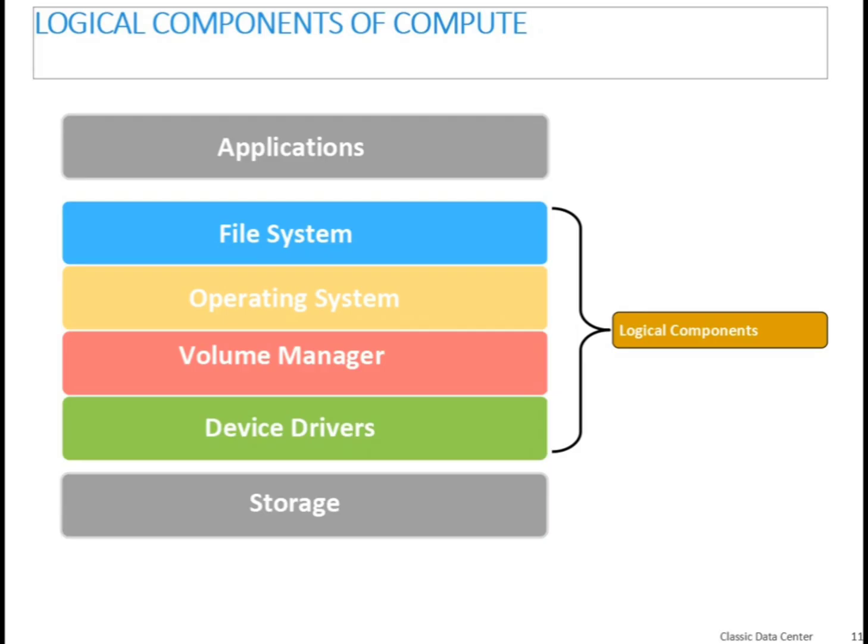Operating system. An operating system controls all aspects of the computing environment. It works between the application and the physical components of the compute system. One of the services it provides to applications is data access. The operating system also monitors and responds to user actions and the environment.